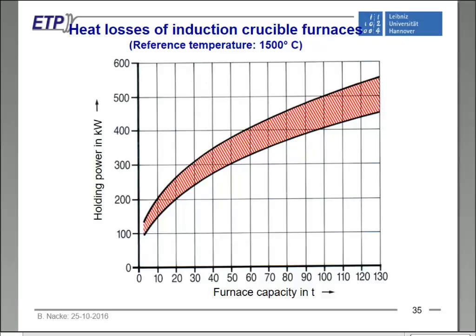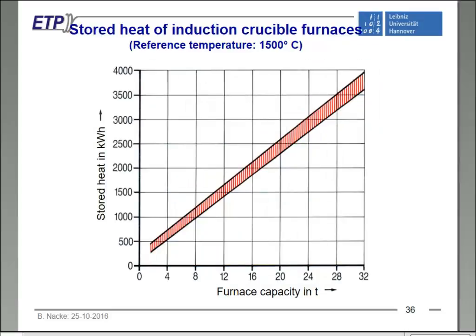So that means we have only 2% of losses. This is a very small thermal loss. We talk about a very high thermal efficiency, which is typical for induction melting furnaces. Also, we should take into account the stored heat, so that means when the crucible is still hot at the weekend and we switch off the furnace, we should use the stored heat of the lining.